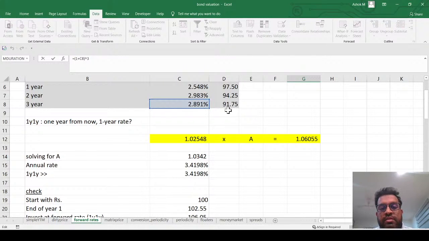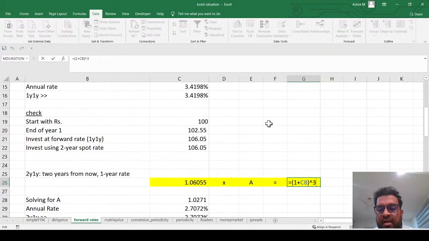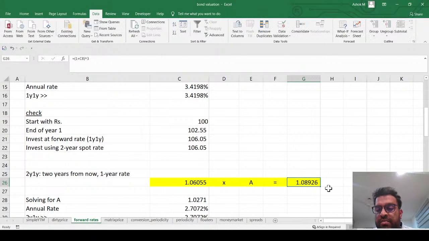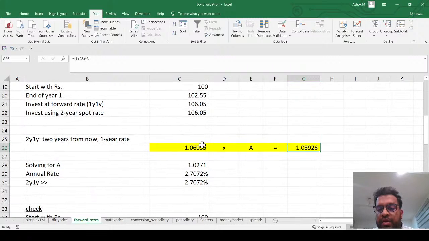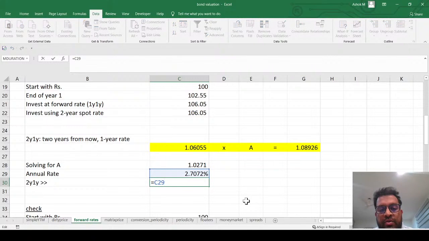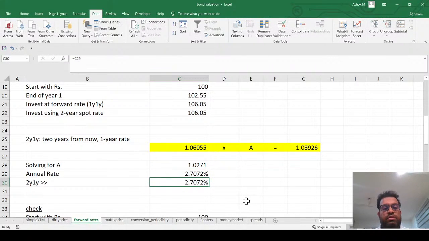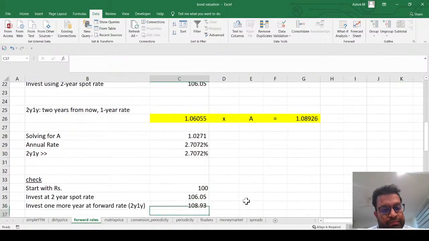I told you this 3 year spot rate, always think of it as an annual rate. So that rate is locked in today. So you compounded at 3 years. Now between 2 and 3 is our forward rate, that is the 1 year rate. So you solve it, again you get this annual rate, that is your 1 year rate 2 years from now.